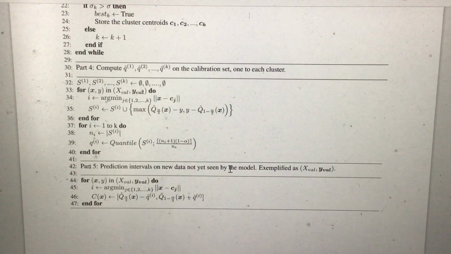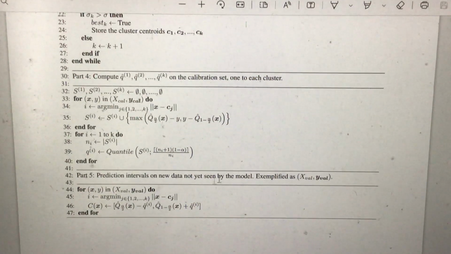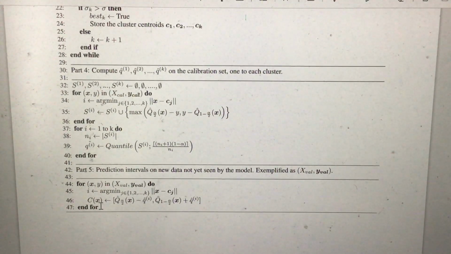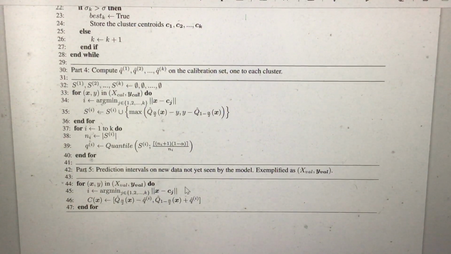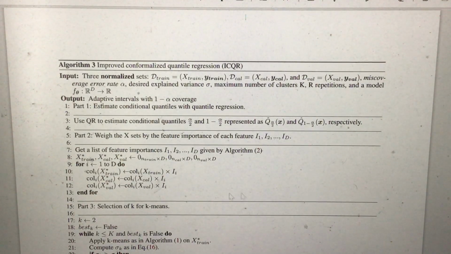And the last one, we have the prediction interval on the new data. For each test data, we also have to find the minimum of the distance, and we'll get the prediction interval. So these are the whole steps for improved conformalized quantile regression.